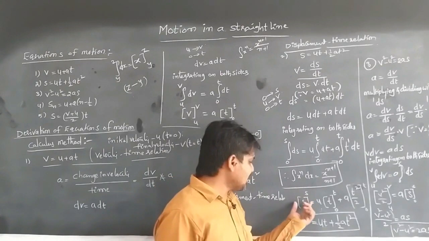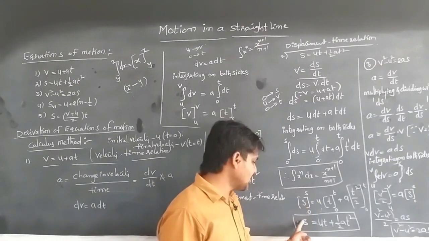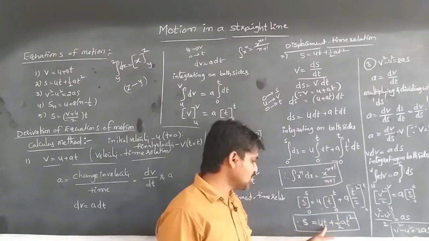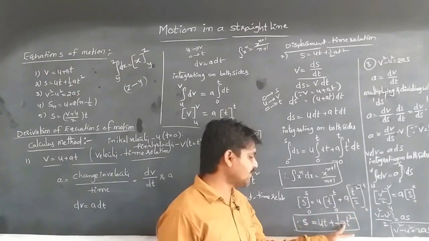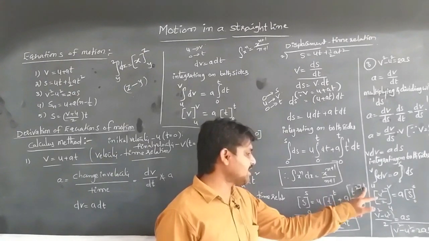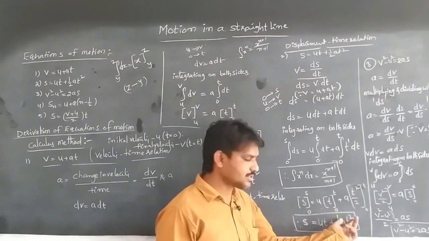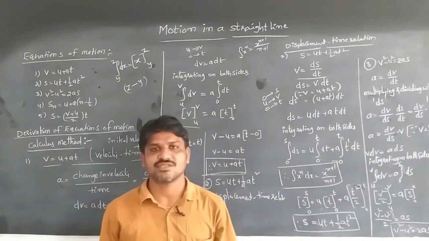By applying the limits, s minus 0 is equal to u into (t minus 0), that is ut, plus half a taken outside, then t square, upper limit t, lower limit 0, t square minus 0 square, that is t square. So s is equal to ut plus half a t square, the kinematical equation of motion.